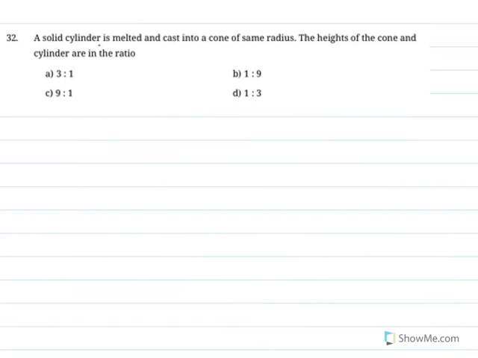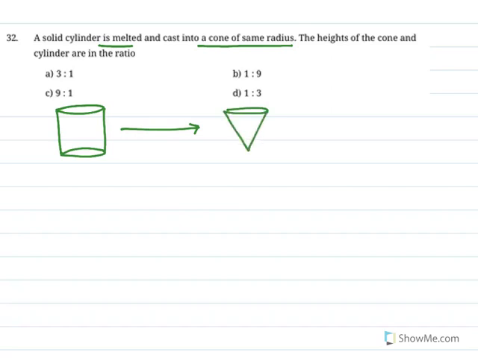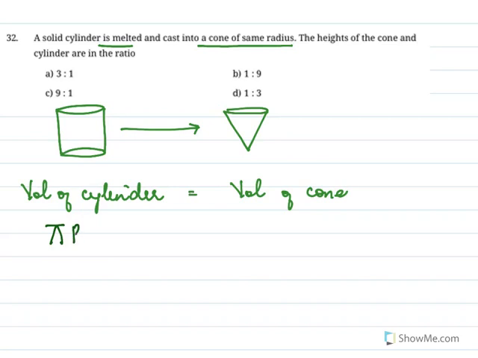A solid cylinder is melted to cast into a cone. So we have a cylinder which is now melted to form a cone. So the equation that you will make here, volume of cylinder equal to volume of cone. Now volume of cylinder is pi r square h, volume of cone 1 by 3 pi r square h.